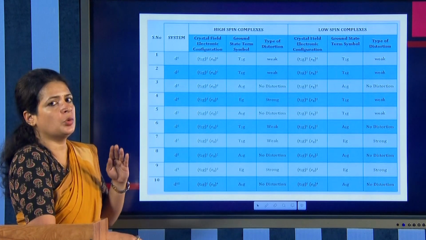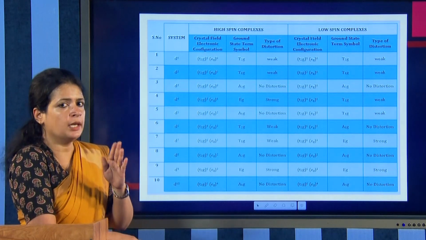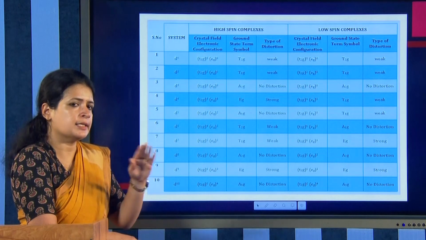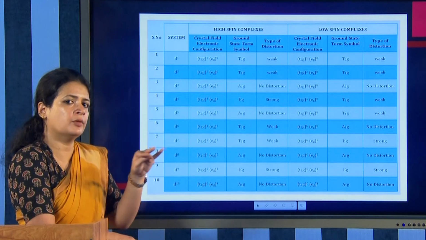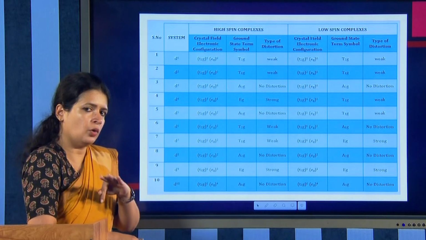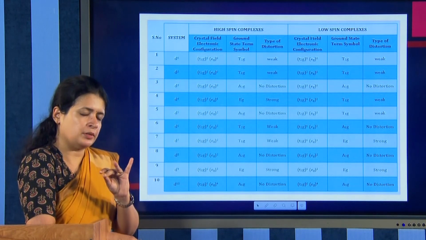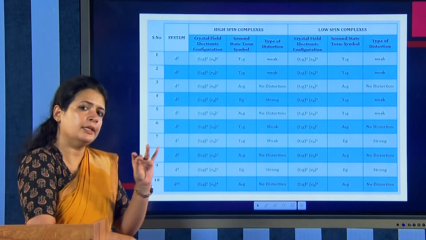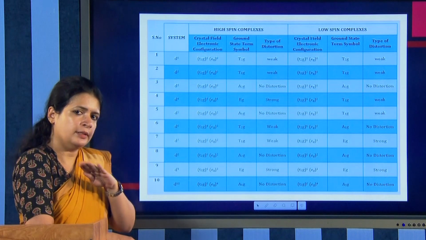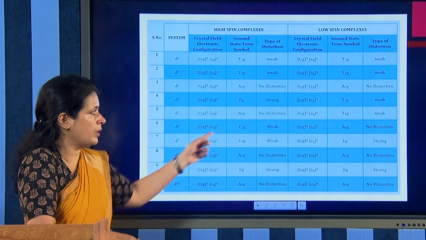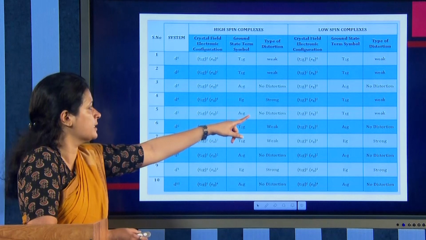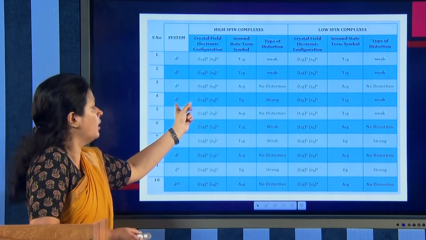Since the electron is occupying the t2g orbital, that electron has an option to occupy any of the dxy, dxz, dyz orbitals. That is why it is having a weak distortion, that is d4 low spin.